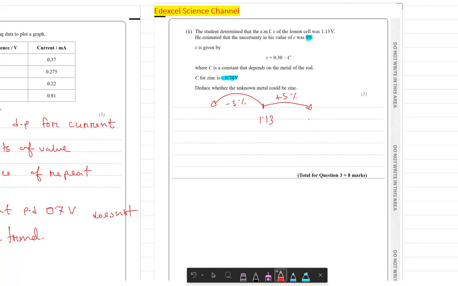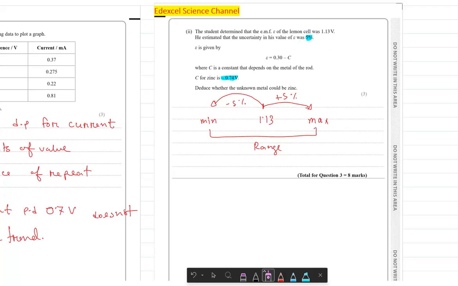So there is going to be a maximum value and there can be a minimum value, and this creates a range. Our real value is within this range, but we just do not know which one is the real one because there is an uncertainty.